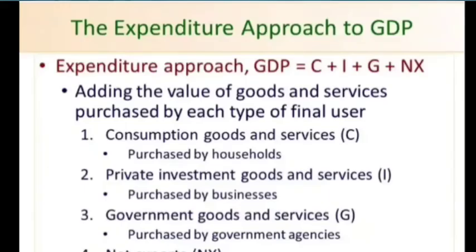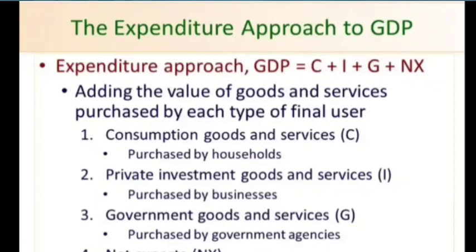Here the expenditure approach is one kind of measurement. In that, GDP is equal to C plus I plus G plus net exports. Understand? It means adding the value of goods and services purchased by each type of final user. It's called expenditure.